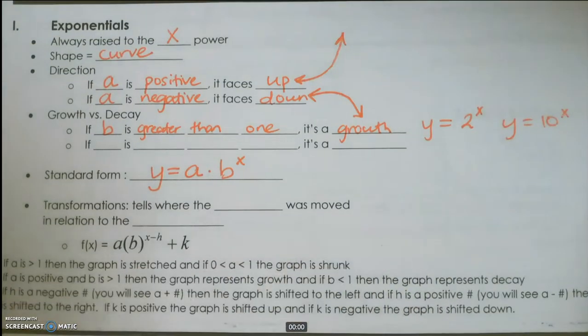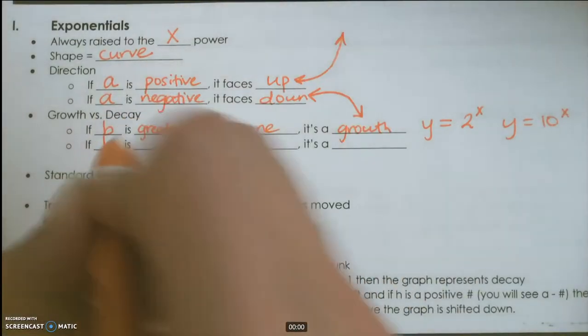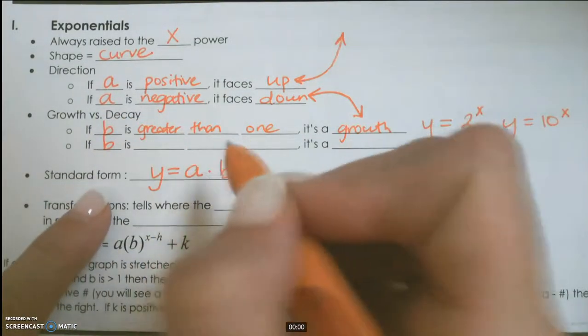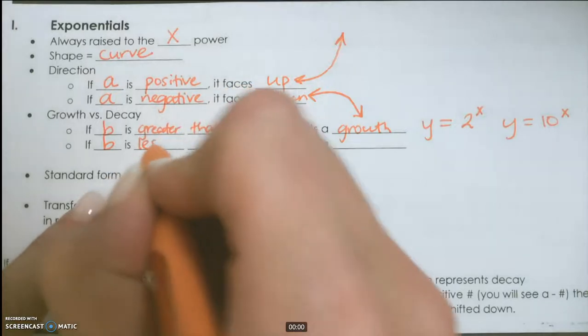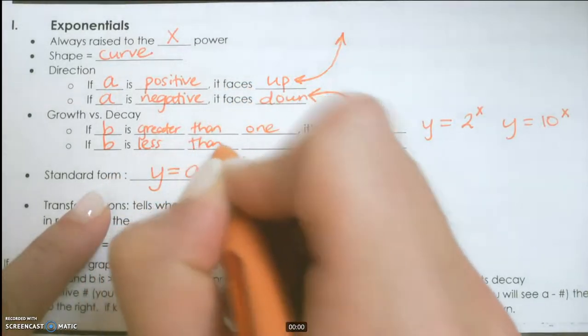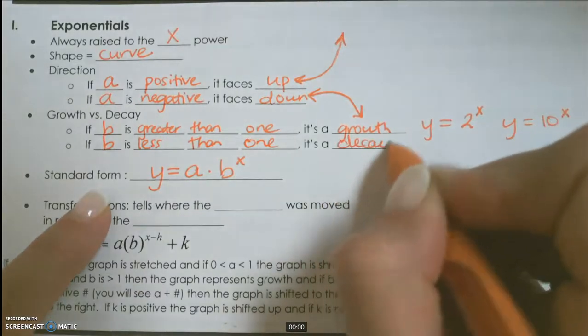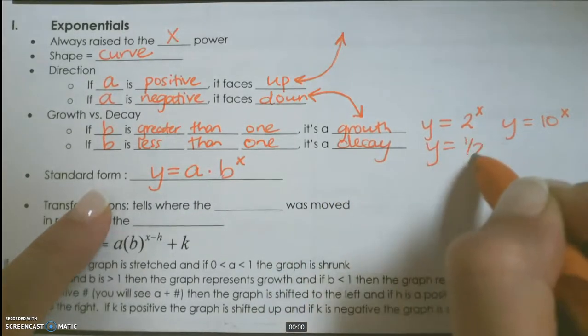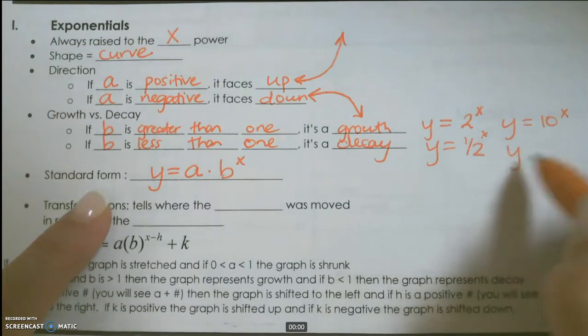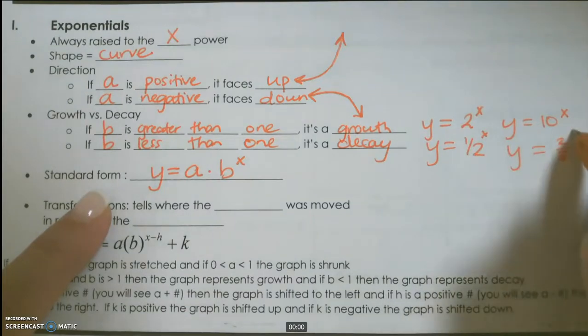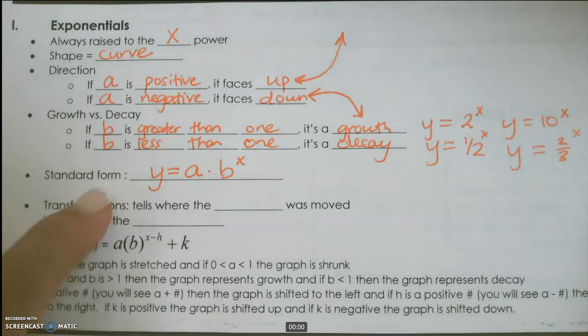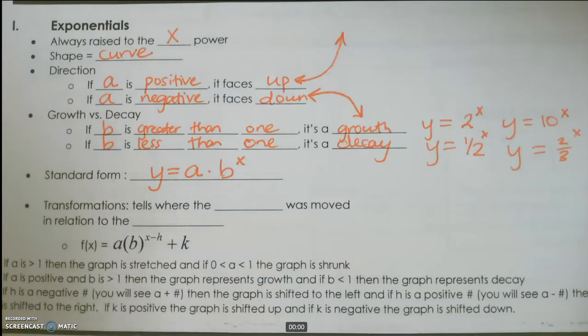But if your base is less than 1, then it's decay. So y equals 1/2 raised to the power of x, or y equals 2/3 raised to the power of x. That would be decay.